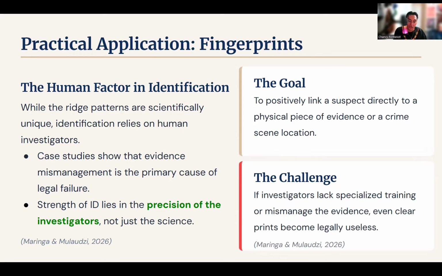Their case data showed that things like evidence mismanagement or a lack of specialized training are the primary causes of failure when trying to secure a conviction. Examiners are rarely handed perfect prints. They're interpreting incomplete, smudged data under intense pressure. The strength of the evidence lies entirely in the precision of the investigator, not truly just the science itself.